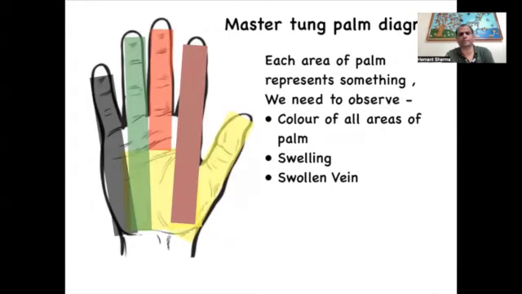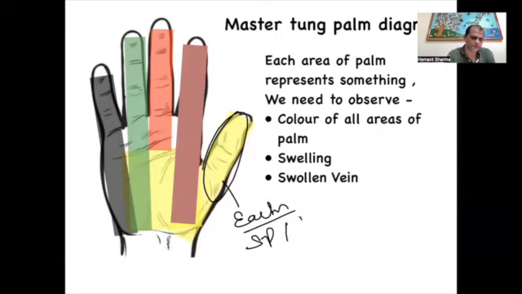Then we discussed the Master Tung palm diagnosis. The area of the thumb is called the earth element, having a connection with the spleen as well as the stomach. Suppose we are looking at some red spots here, it is a sign of stomach heat.